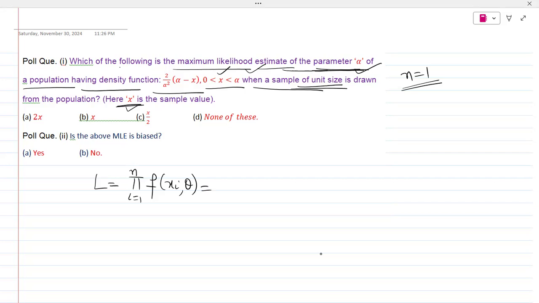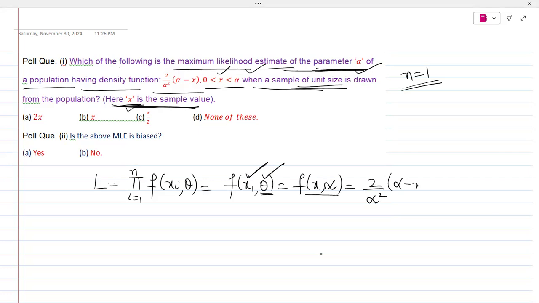So I will have only one term, f(x1, theta). And now what is this x1? It is x, the single sample observation. What is this theta? Actually, this theta is alpha, the unknown parameter. And this thing is 2 by alpha square times (alpha minus x). So this is our L.